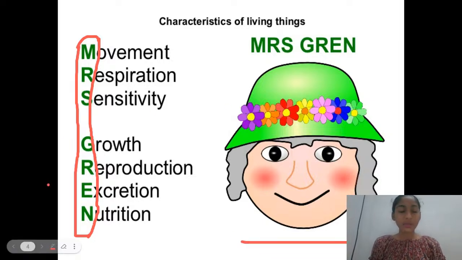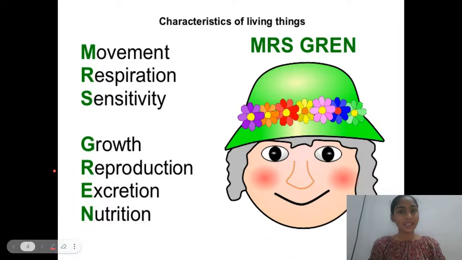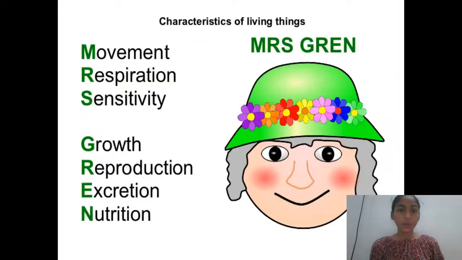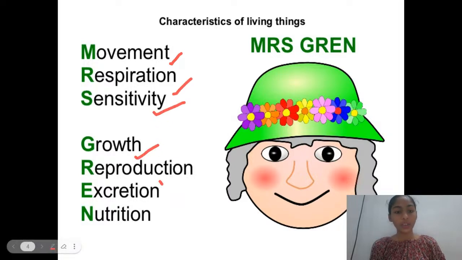Remember this properly so that you don't get confused. And this is also important. You may get this as an objective type question: which is the basic component of your body which participates in all of the above processes? So we all have a component which takes part in all these activities: movement, respiration, sensitivity, growth, reproduction, excretion, and nutrition.